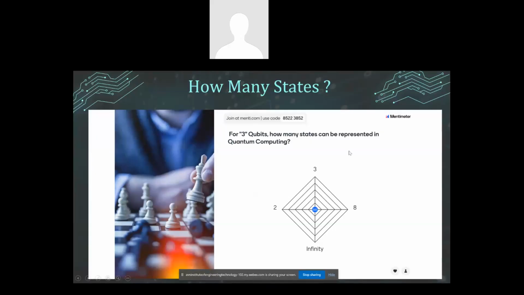The number of states can be represented based on the bits. So in classical computing, and in the qubits, how will it be? How many states for the 3 qubits?